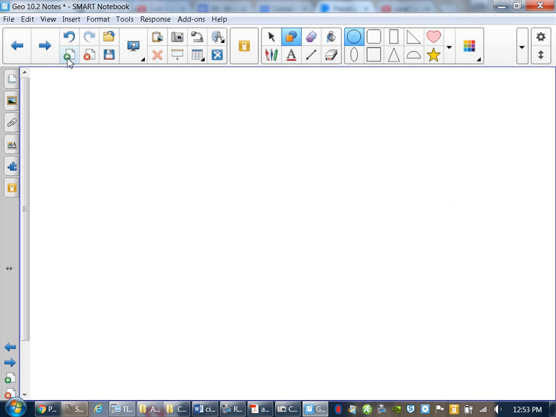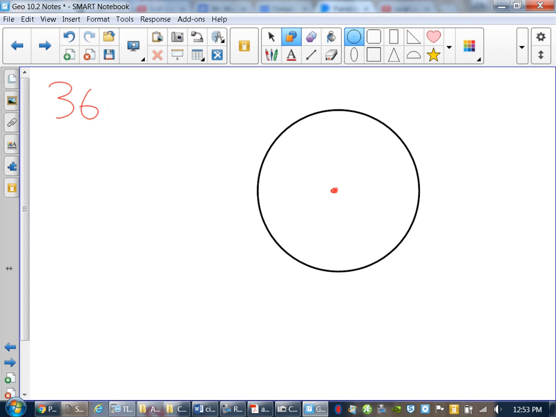So, there are 360 degrees in a circle. We all knew that. In a semicircle, there's how many degrees? 180. Because a semicircle is half a circle.